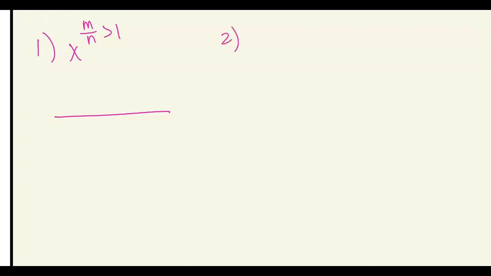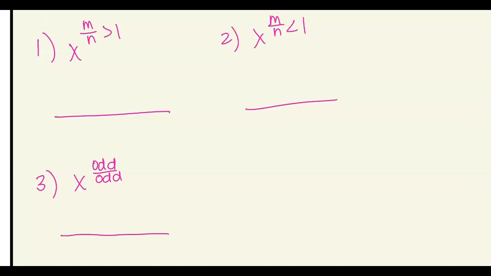The second thing I want you to look at is when your rational exponent is less than 1. Write out underneath what happens. What do you notice? The third thing is when you have x to the odd over odd exponent. And we kind of already talked about that. Some of y'all's groups literally already discussed this. When you have an exponent that's odd over odd, what happens?